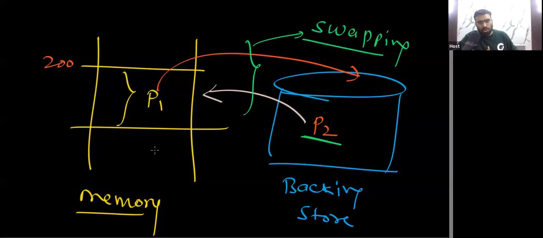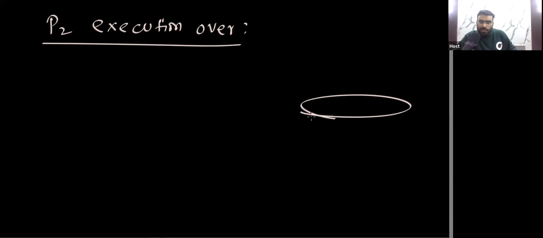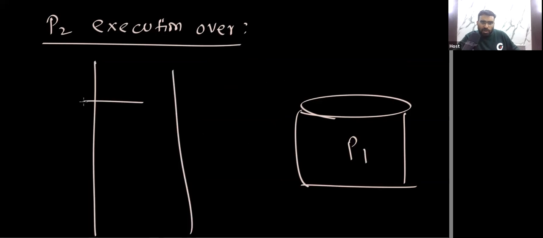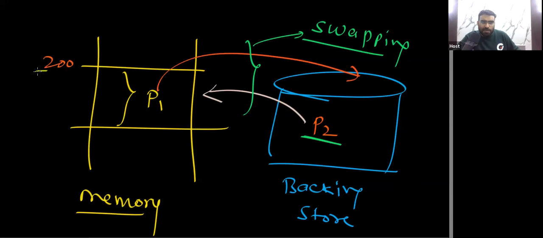After P2 execution is over, you will bring P1 into the main memory. Is it necessary that you bring it at the same previous address? Please tell me.